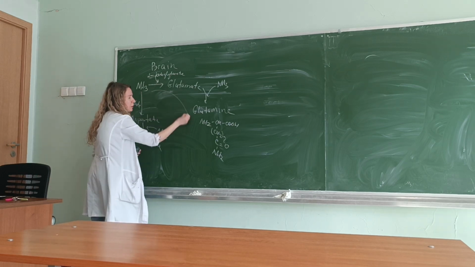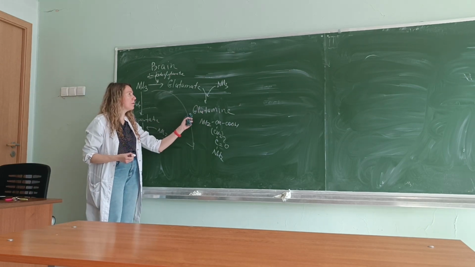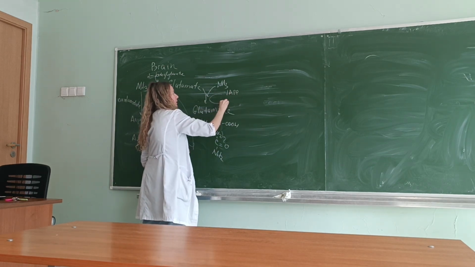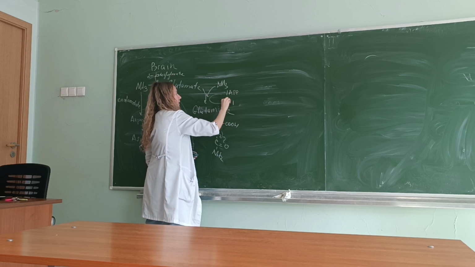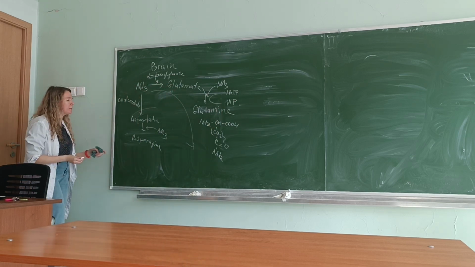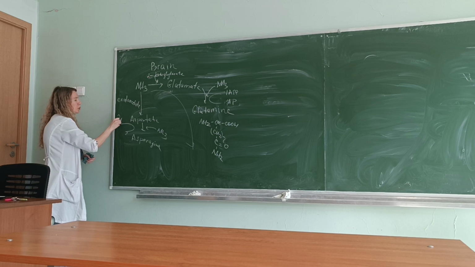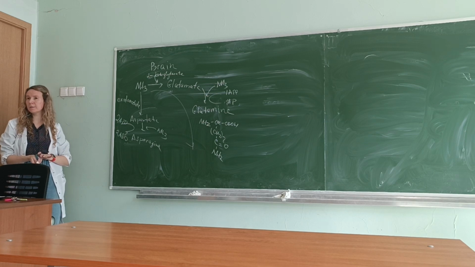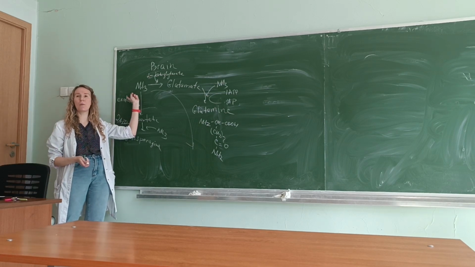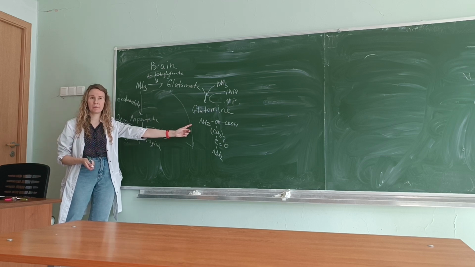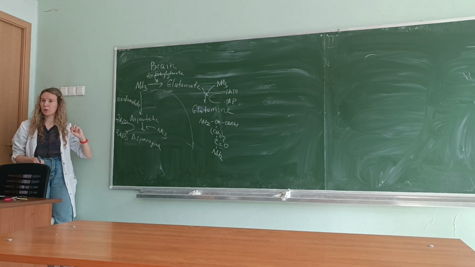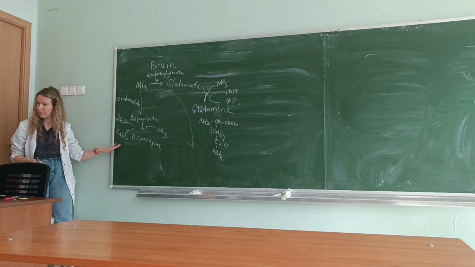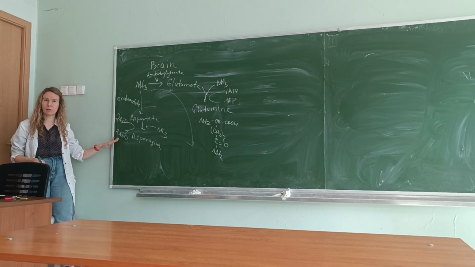But we will prefer the other way because when we convert glutamate into glutamine, we spend only one ATP. And if we convert aspartate to asparagine, we will spend 2 molecules of ATP. That's why our organism prefers to transfer ammonia in the form of glutamate, glutamine. But it allows us to transfer it also in the form of aspartate and asparagine, but we will spend more energy. It happens in case of very high concentration of ammonia.